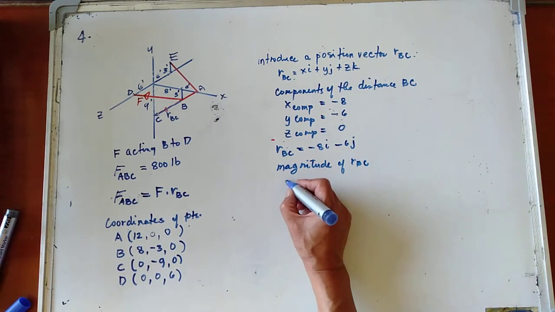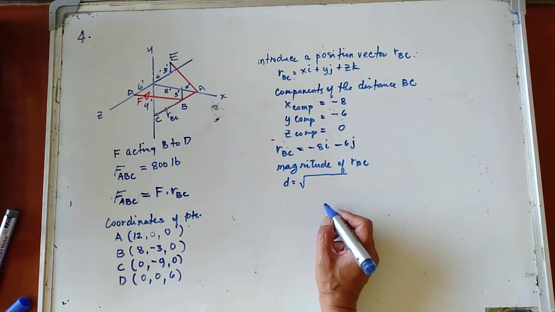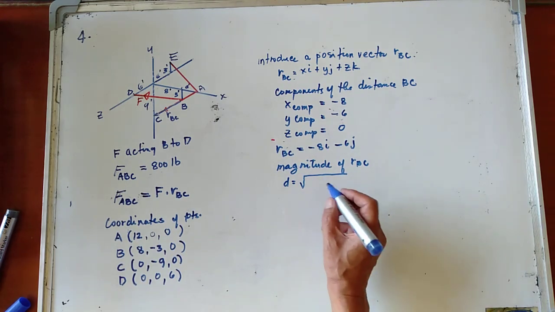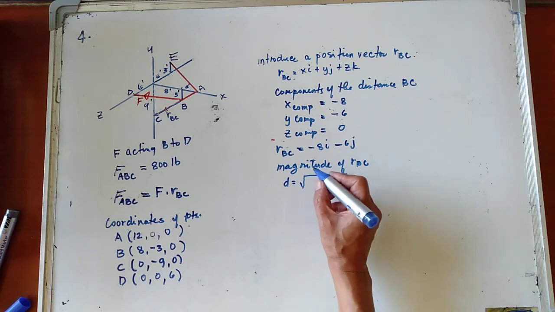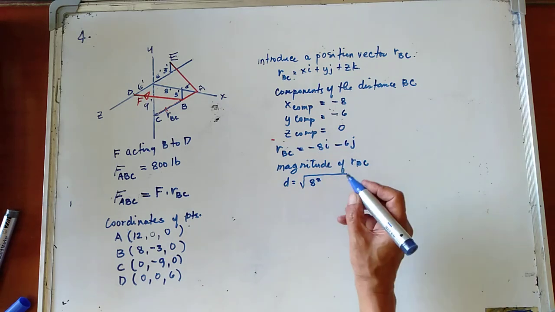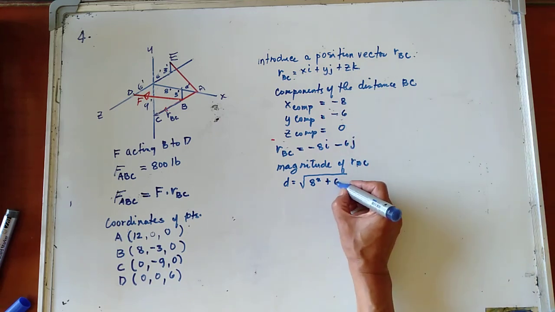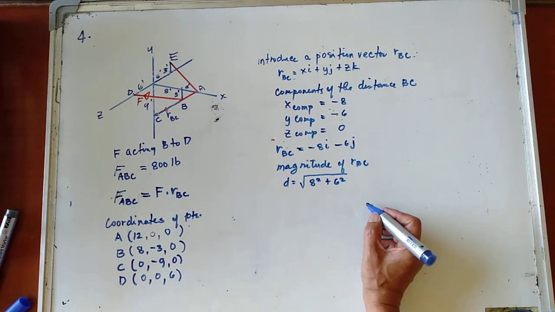This is therefore equal to the square root of x squared plus y squared plus z squared. So it is now equal to the square root of the components squared: minus h squared, so that is positive. If you square it, it will become positive. H squared plus negative 6 squared will become positive, plus 6 squared.